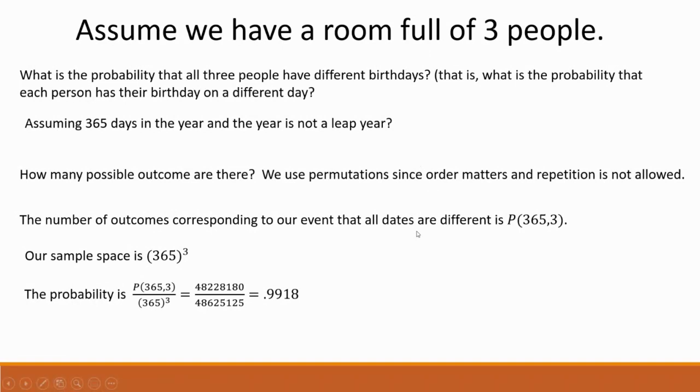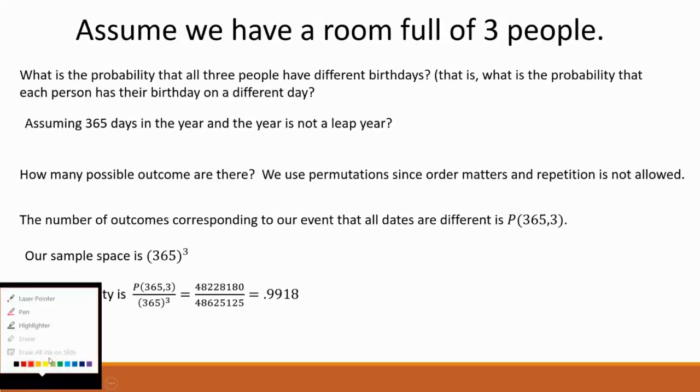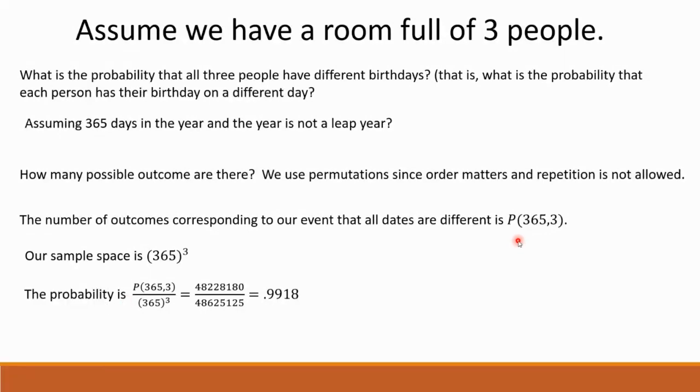We can figure that out using permutations of those dates. Order matters and we can't have repetition. So the number of favorable outcomes here is this. Oh wait, let me get that laser thing going. Is this over here, as you can see.